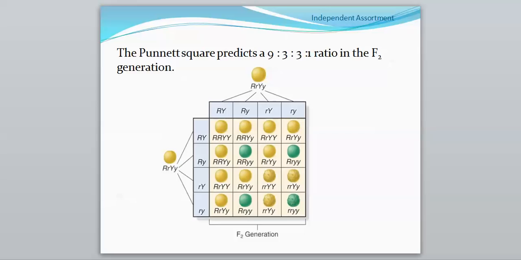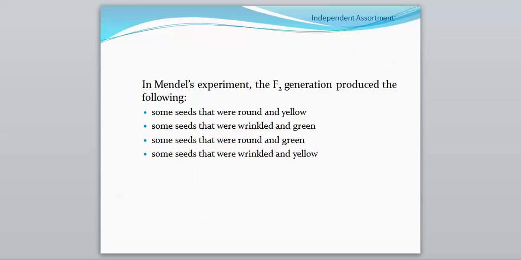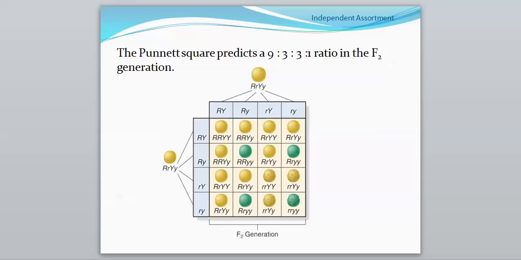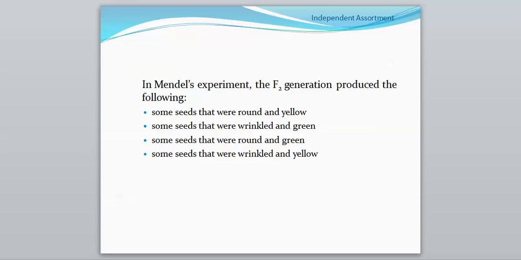So you can see here that we have a lot of variation that's going to show up in this cross. And so Mendel, after looking at this Punnett square, had some seeds that were round and yellow, some seeds that were wrinkled and green, some seeds that were round and green, and some seeds that were wrinkled and yellow.